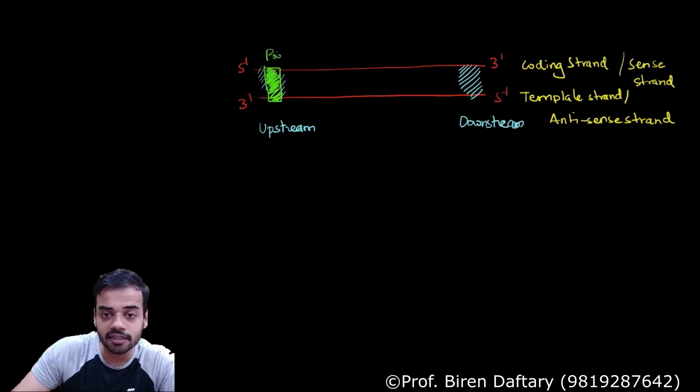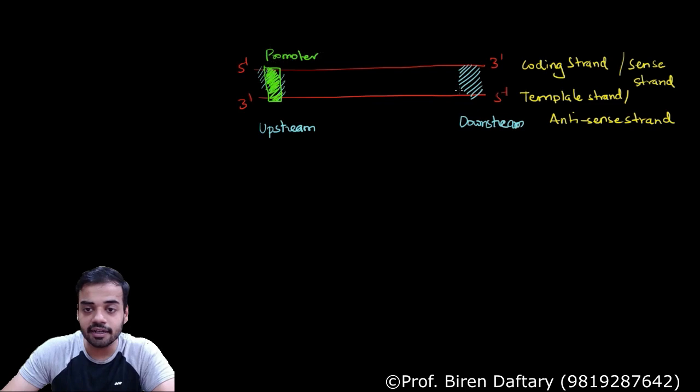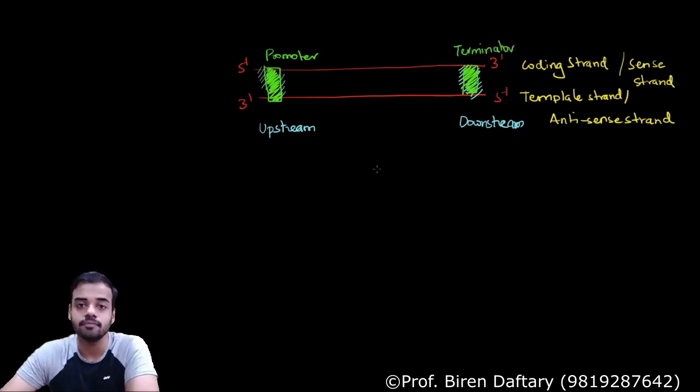Promoter is basically the area where transcription starts, and this area is the area where terminator is present. Okay, so over here I will write terminator. Is this clear? So promoter is present upstream, terminator is present downstream.